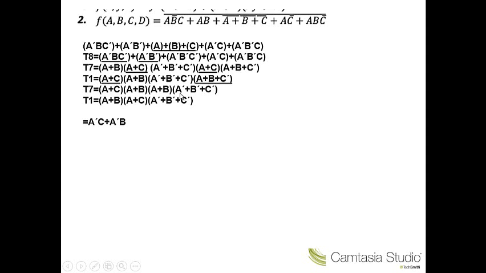So we change that to transform this. Then we have a plus b plus c plus c. This one we have another factor, this one and this one.